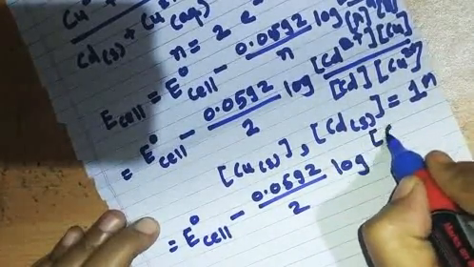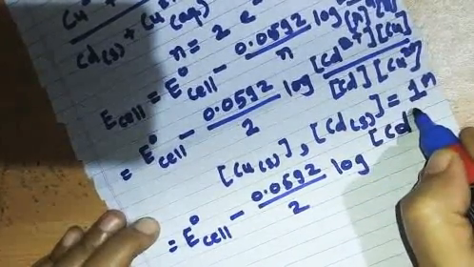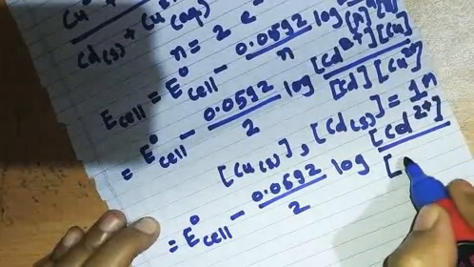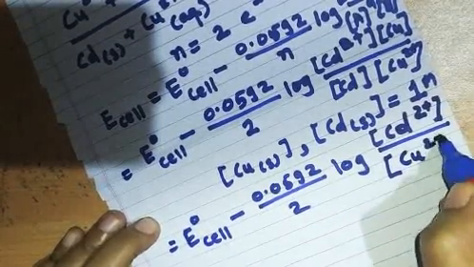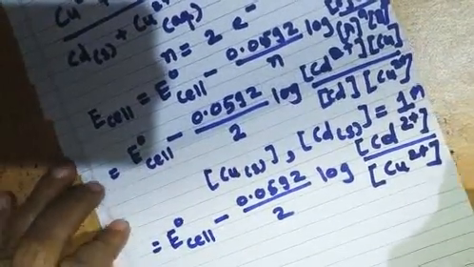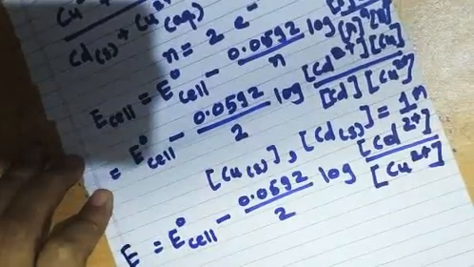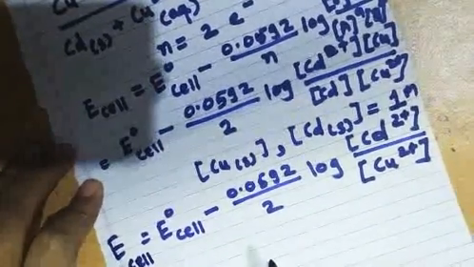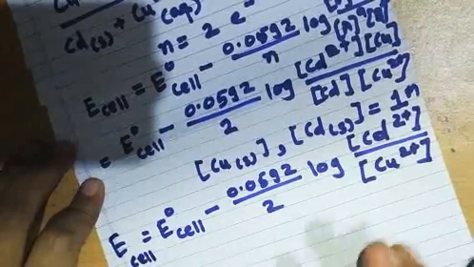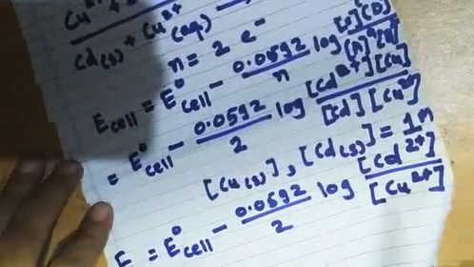Therefore, we have concentration of cadmium ions divided by concentration of copper ions. Thus, we can calculate the EMF of any cell at any concentration by using this Nernst equation.